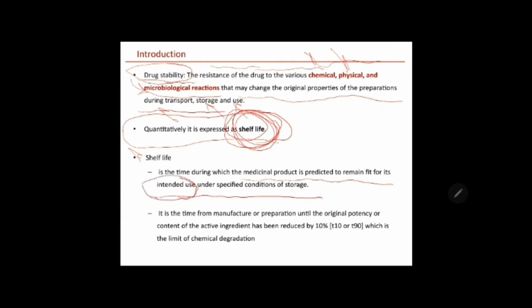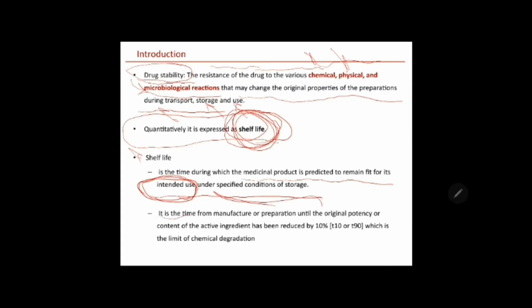So we have to decide on this. What is intended use? We have to decide on this. It's not like shelf life means the drug has disappeared or completely degraded or it has changed to something else. We will decide what is shelf life based on some parameters that we have to define and at specific conditions of storage.